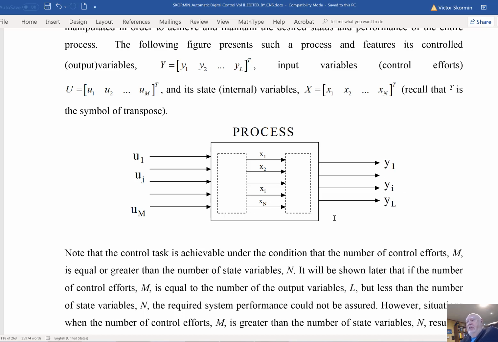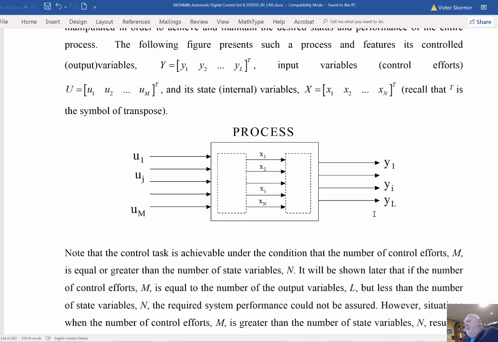And then I can tell you from the control point of view that if the number of inputs is greater than the number of outputs, and these inputs are control efforts, the number of control efforts is greater than the number of controlled variables, we are in a great situation.